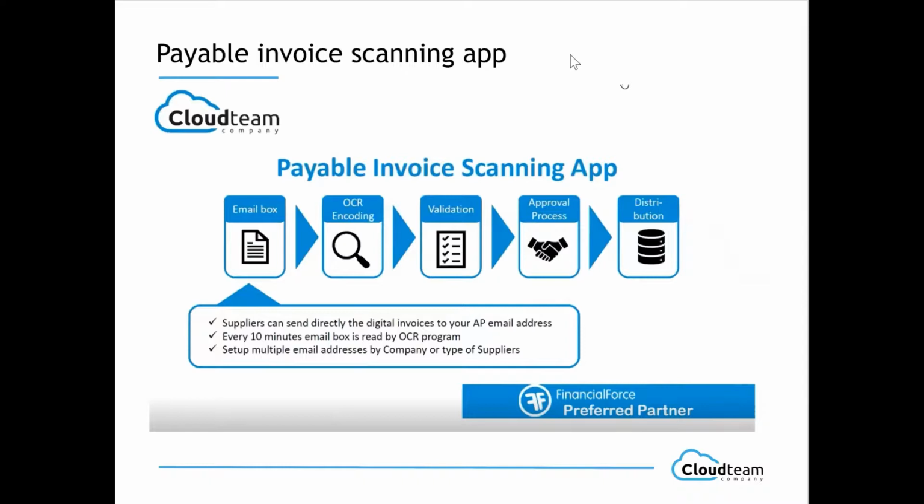And at the end, there's a distribution in which we record the bookings in the financial system, the FinancialForce account. So the suppliers will send the digital invoices directly to the IP email address, as I mentioned.